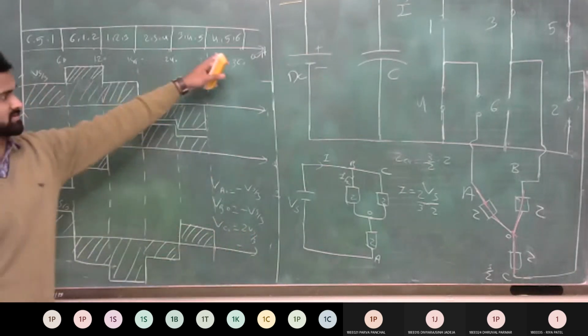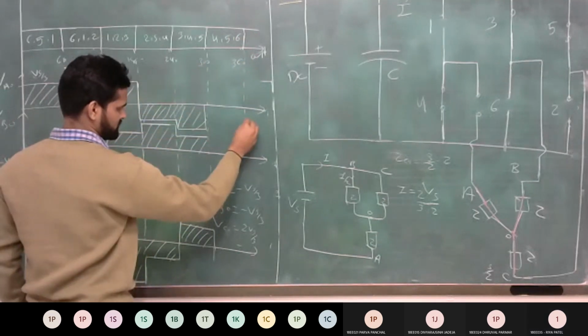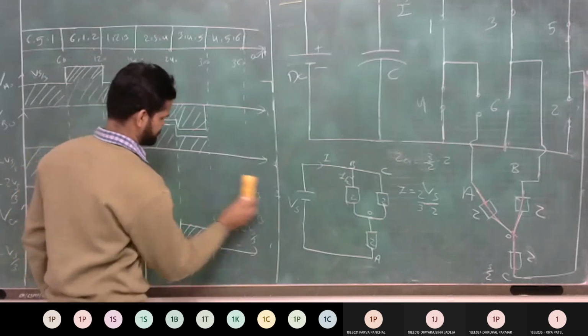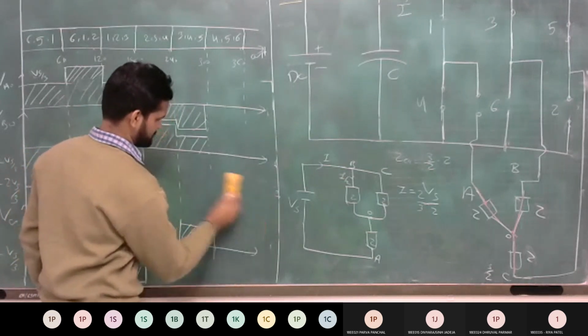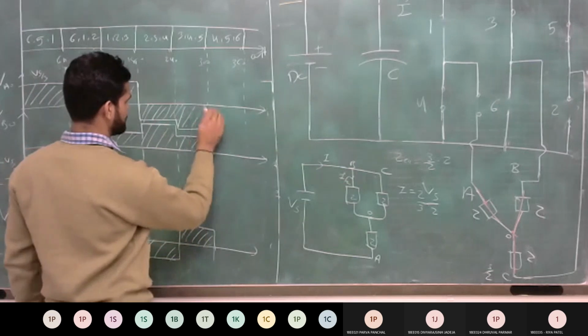Yes or no? Okay, so let's draw the value in the waveform.